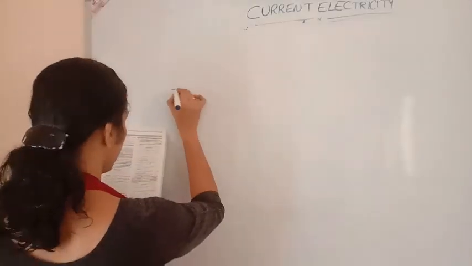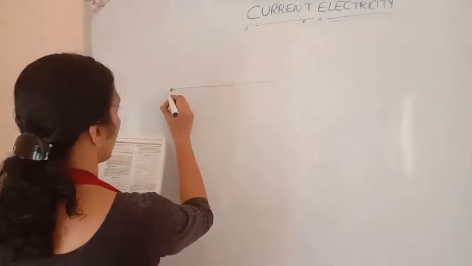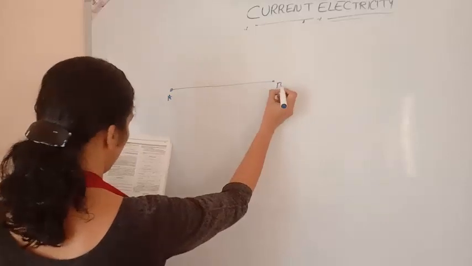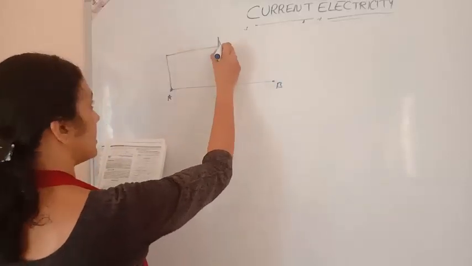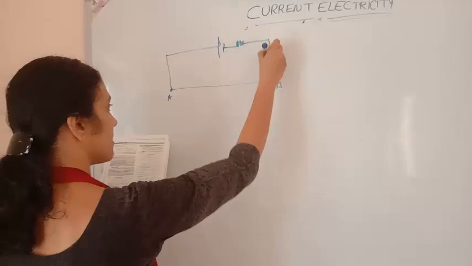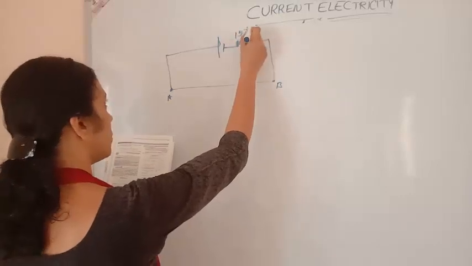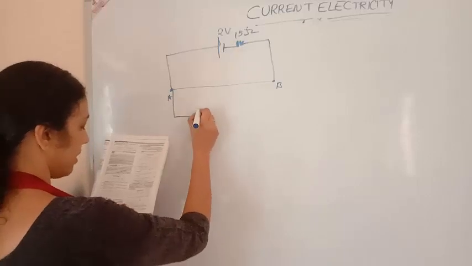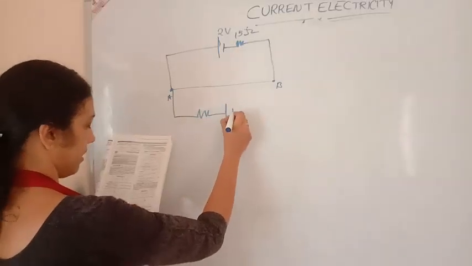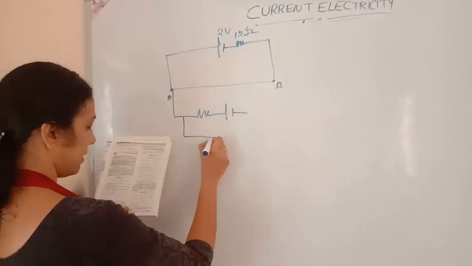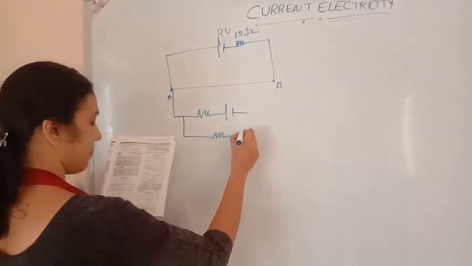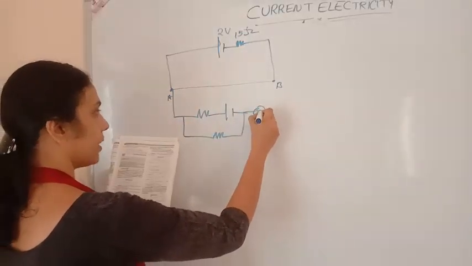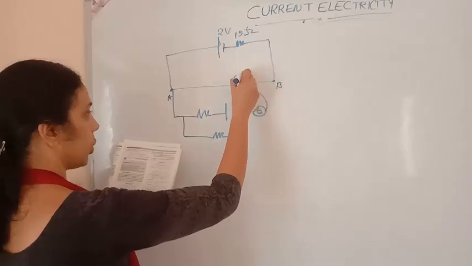Okay, so here it is A and this is B, and here it is positive, negative, and the resistance is here. This is 15 ohm and this is 2 volt, and here it is a cell and here it is a resistance. Here it is galvanometer and this is the jockey.